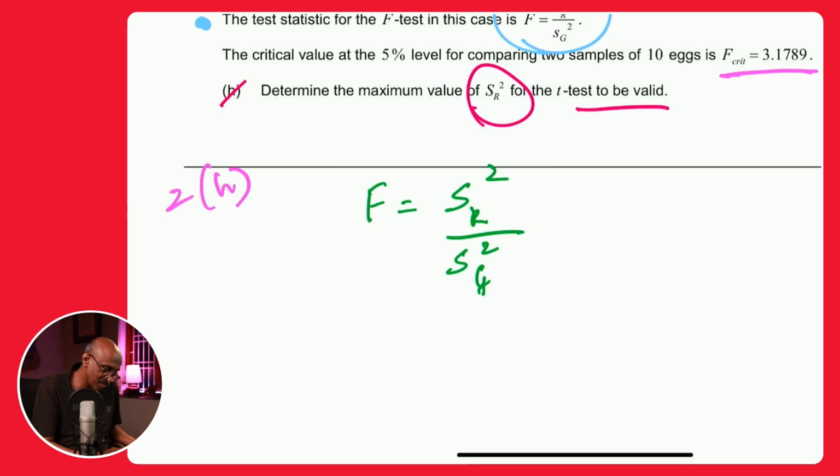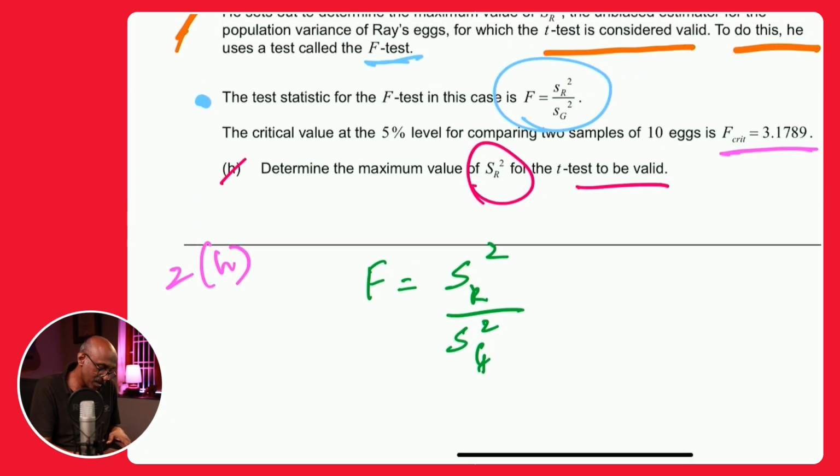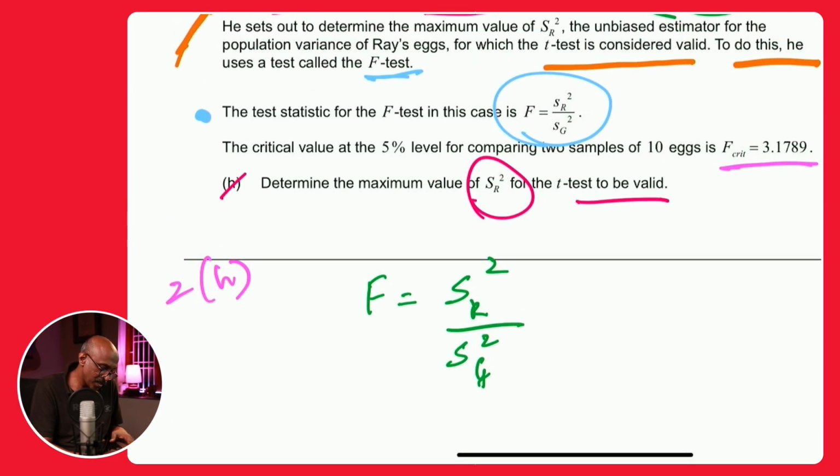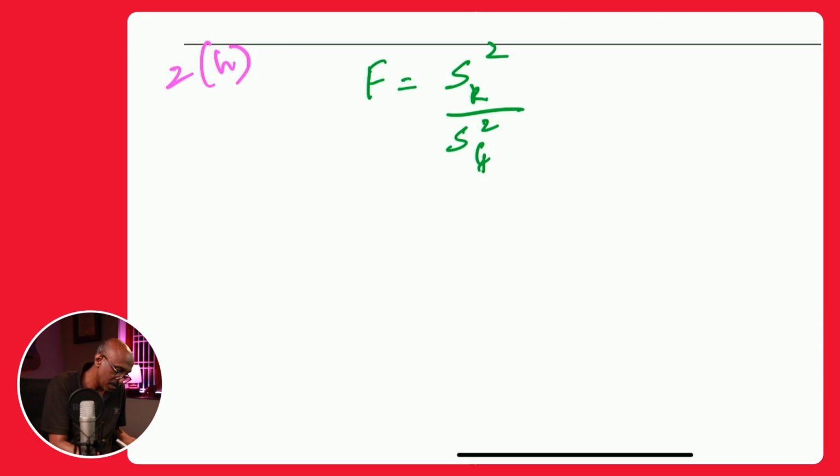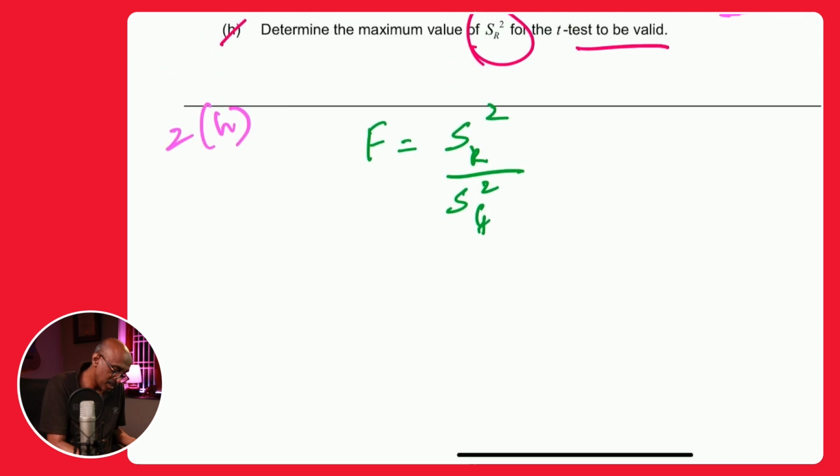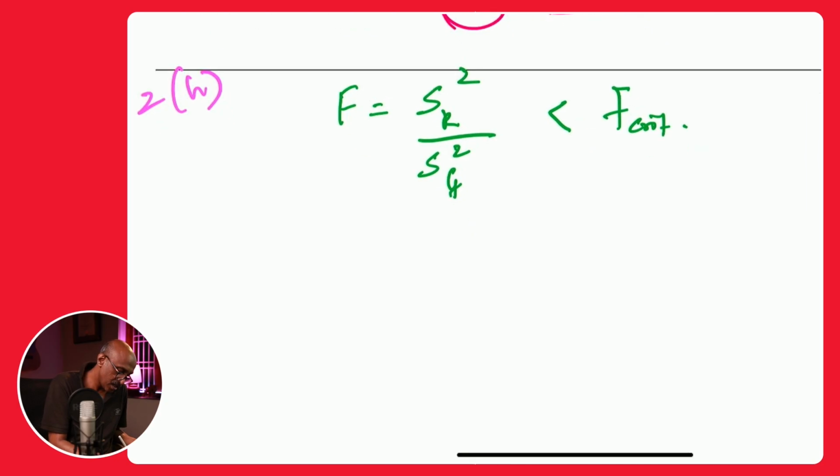We want the maximum value, right? He said the maximum for SR square. So we clearly know that this should be less than the F critical value given there.